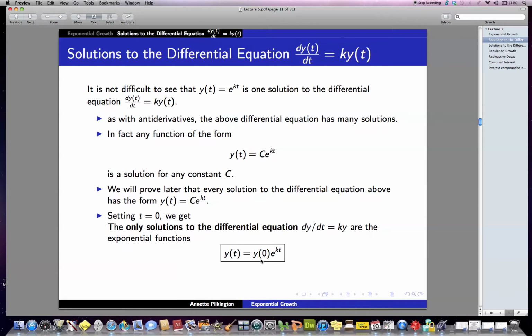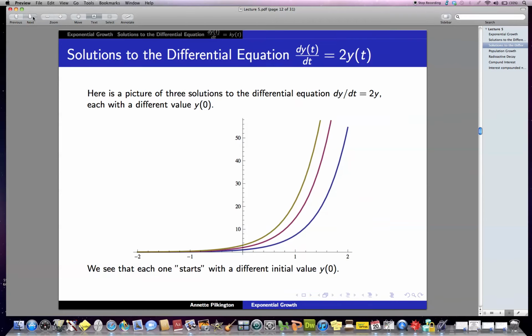The function is completely determined by its value at 0. This makes sense: if you give the value of the function at 0 and a formula for how it grows, the path is completely determined. This is called the initial value of the function.